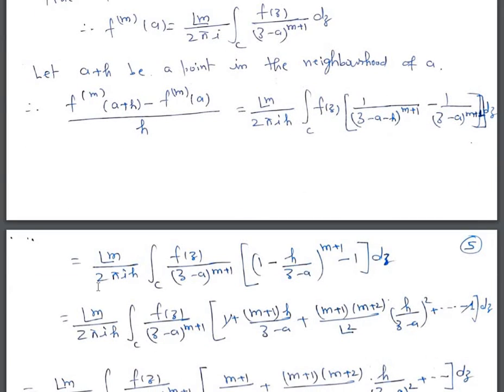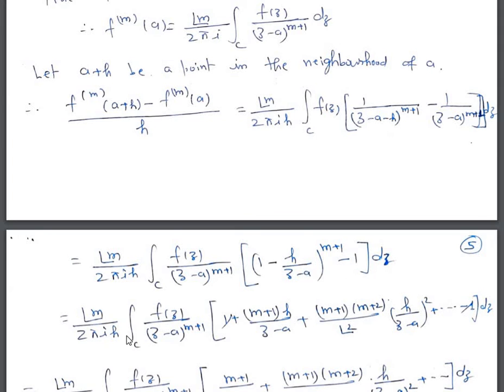We have factorial m upon 2 pi i h integral over C f(z) upon (z minus a) to the power m plus 1 into [1 minus h upon (z minus a)] raised to the power of m plus 1. Here it should be 1 minus h upon (z minus a) raised to the minus of m plus 1, because when we take the numerator we have a minus sign here. It should be minus of m plus 1, minus 1, dz.